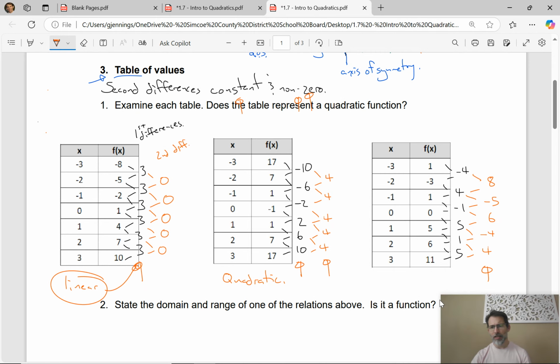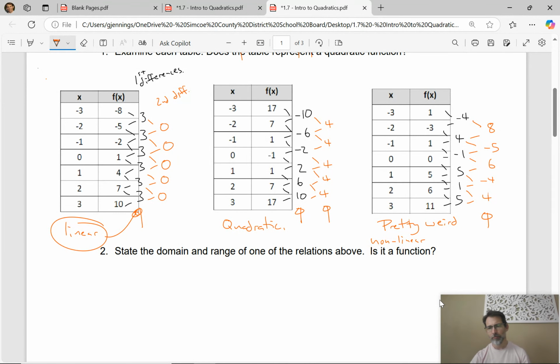This is pretty weird. It's nonlinear, non-quadratic. And after doing that little bit of analysis, I couldn't tell you what the next value was supposed to be. I can't see anything in that.